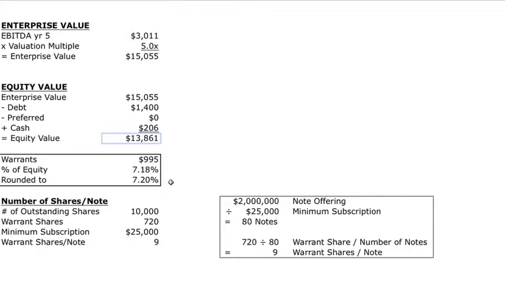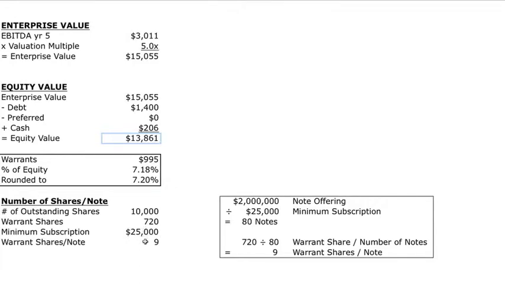Now to express that in your term sheet and in your offering memorandum, in terms of the number of shares that the investor will receive, I'm going to assume that we've got 10,000 shares outstanding. We've got 720 warrant shares, which is 7.2% of 10,000. My minimum subscription in this example is $25,000, so that's the minimum amount that I'm going to want an investor to invest in this deal.